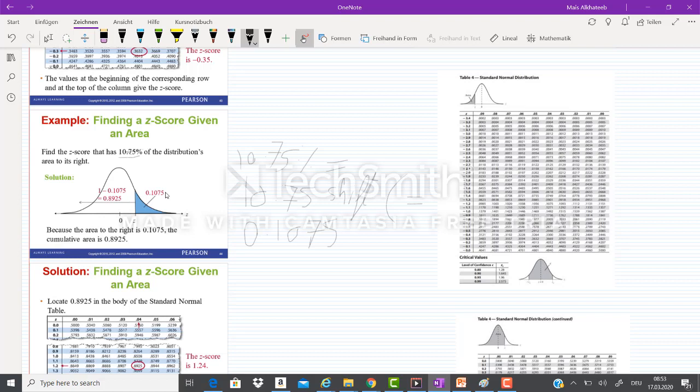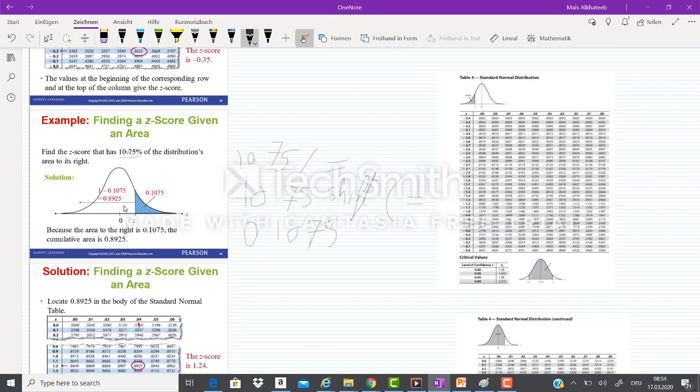It will be 1 minus 0.1075, which equals 0.8925.